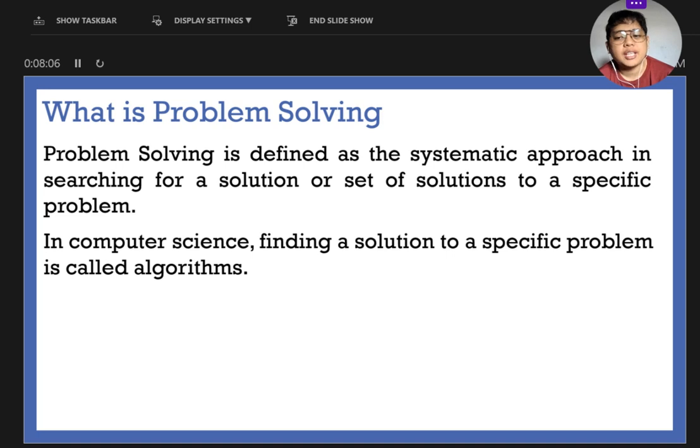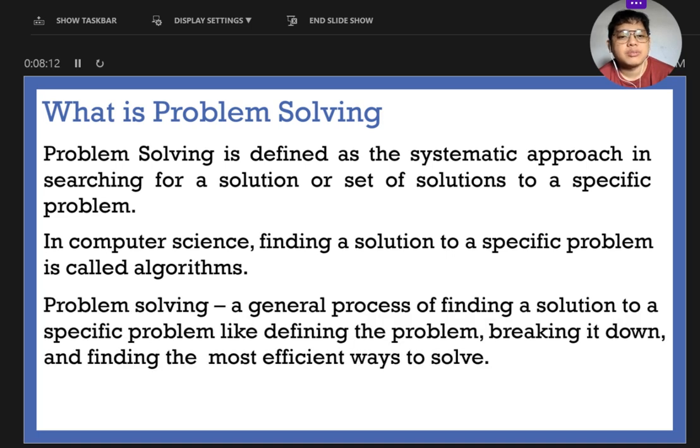However, these two terms are different. Why? Because problem solving is a general process of finding a solution to a specific problem, like defining the problem, breaking it down, and finding the most efficient ways to solve.